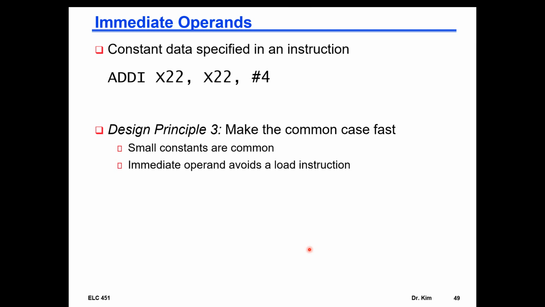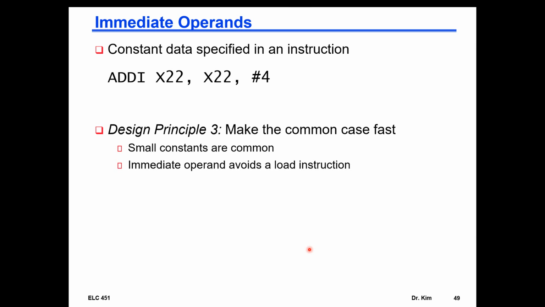So now let's take a closer look at the immediate operands, because we already saw how we use that in the context of the load and store, but we can also have arithmetic instructions that use that same immediate instruction format.